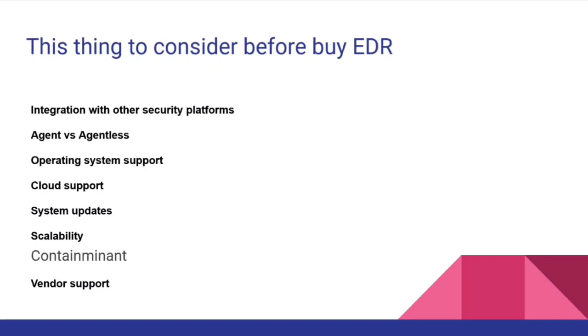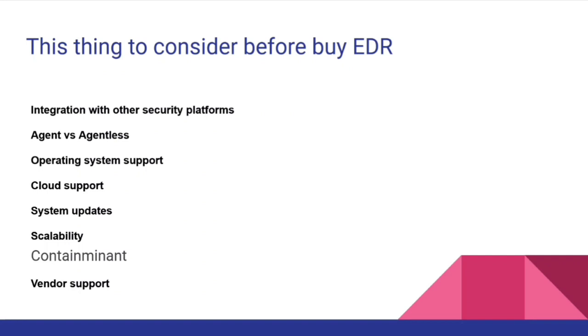So these are the things you should consider before buying an EDR for your organization. It should integrate with other security platforms like SIEM or SOAR, because SIEM is a log management tool. When your EDR detects any file, it will create a log in the SIEM, and in future if you go for forensics, you will get all those logs. It should be agent or agentless, like I said.